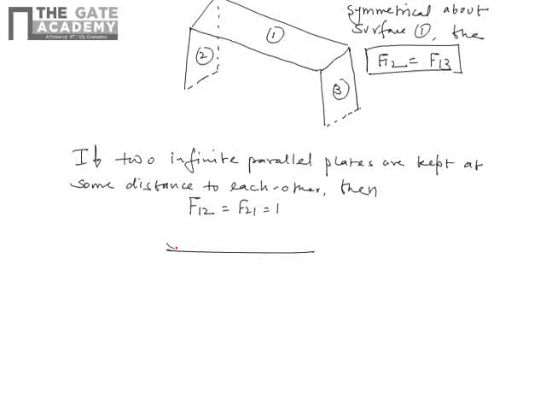Let us say this is one infinite plate and this is the second infinite plate, surface 1, this is surface 2. Then F12 is equal to F21 is equal to 1.